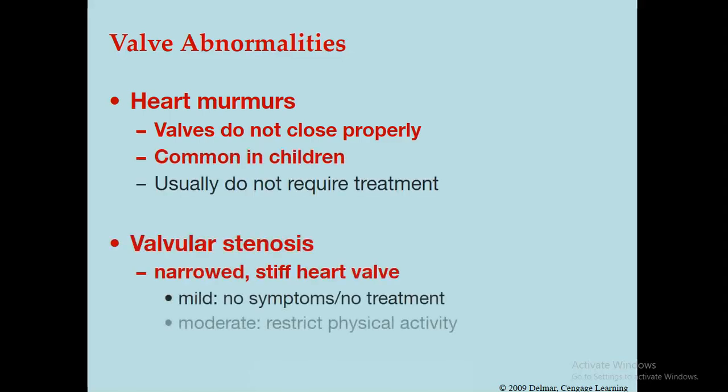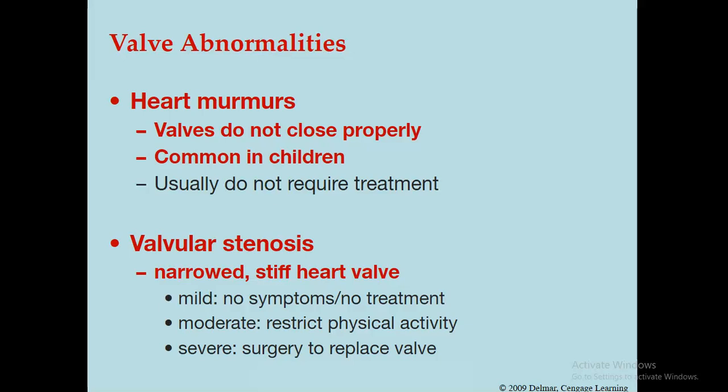So for heart murmurs, you need to know that these are valves that don't close properly. Think about those heart sounds that we listened to, and the most common population to have a heart murmur is children. So if you hear an initial heart murmur in a 45-year-old, that's of concern, okay?